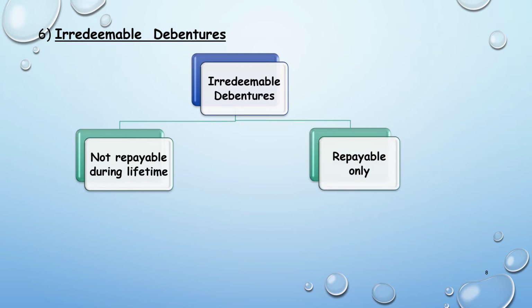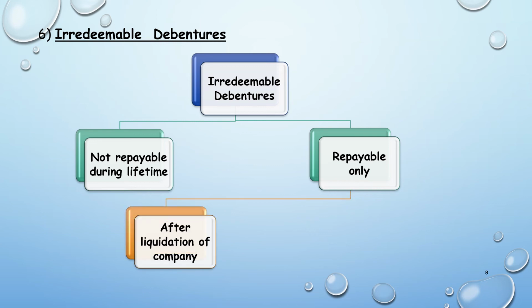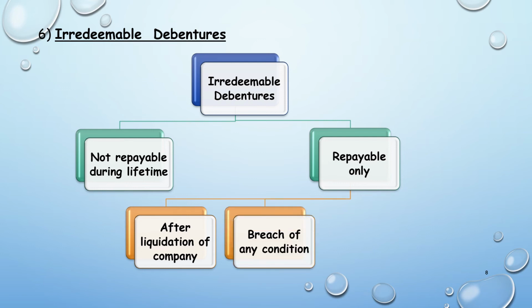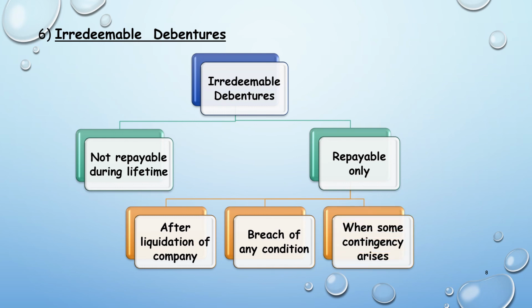However, they are repayable only under some specific circumstances, such as they are paid either during or after the liquidation of the company, or due to breach of any condition, which means that when there is violation of any law or promise, at that time the company has to repay the amount back to the debenture holder. And thirdly, when some contingency arises. These are the only three situations wherein the company repays the amount back to the debenture holders.